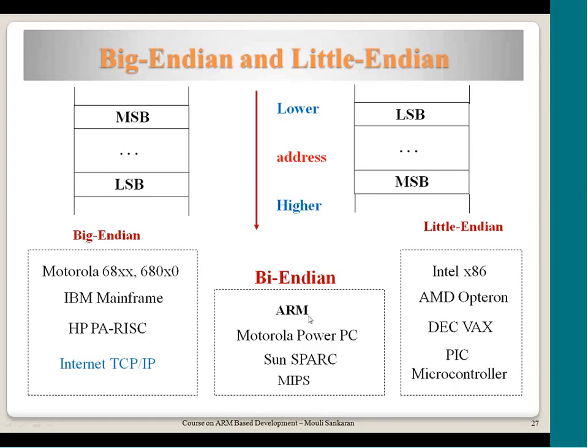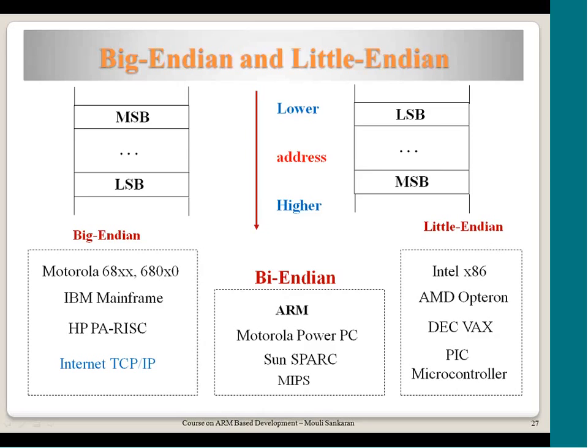So ARM should be able to support both Endianness, so that in a multiprocessor environment, if some other processor from this family is used on a single board and ARM is part of it, you should understand the Big-Endian way of writing and reading from memory. But if ARM is part of any of these other processor families, then you should understand Little-Endianness.